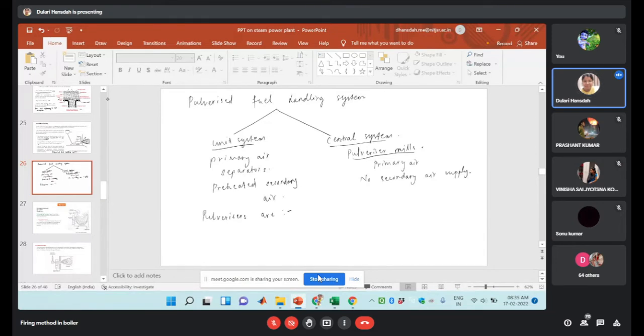As per these coal pulverizers, there are two types of mills available. One is the attrition mill, under which we have ball and race mills and bowl mills.